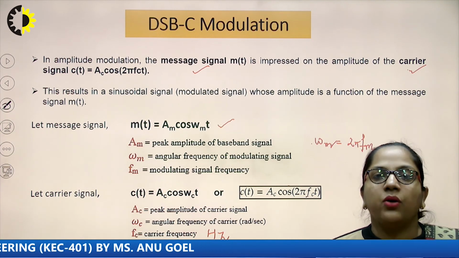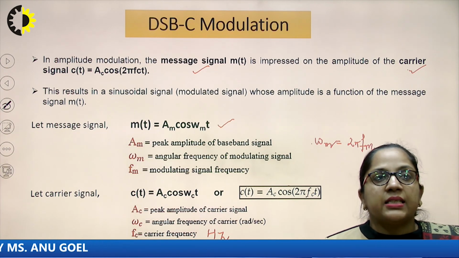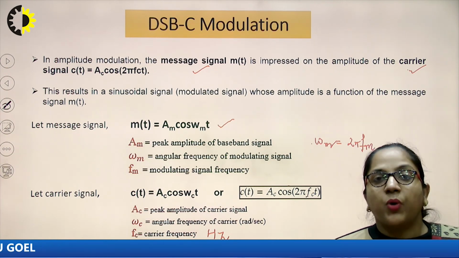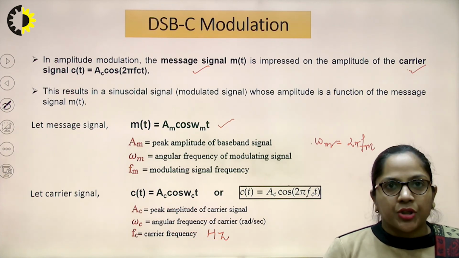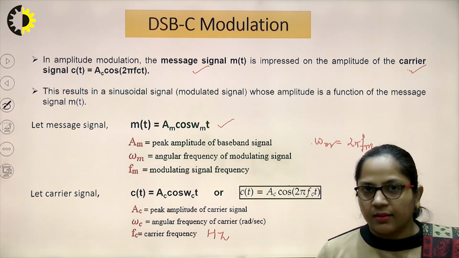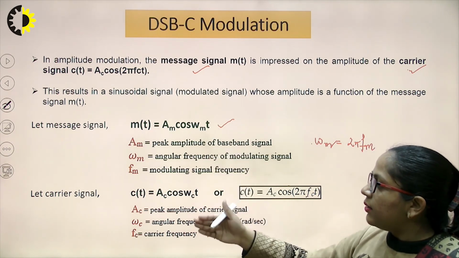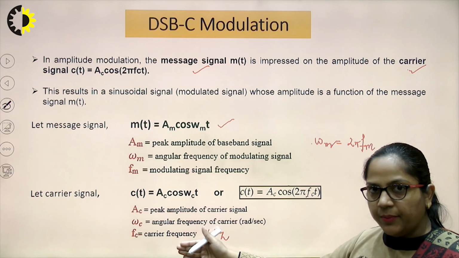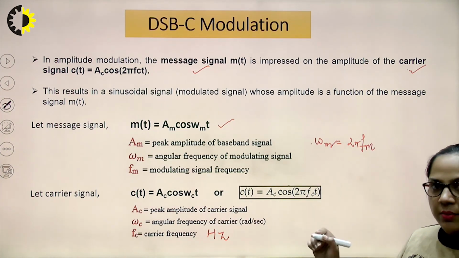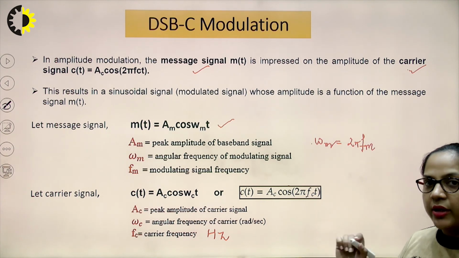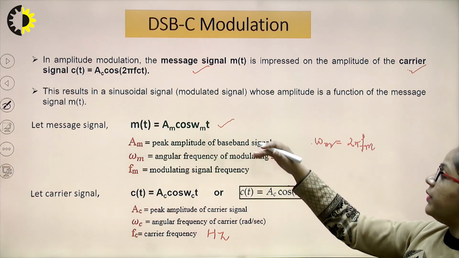So the resultant waveform will be called a modulated waveform, and this will result in a sinusoidal signal called a modulated signal, the amplitude of which will be a function of the message signal. That means after superimposing this message signal over this carrier signal, the modulated waveform will become a function of the message signal.